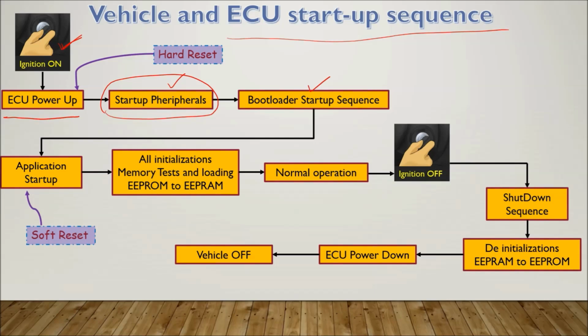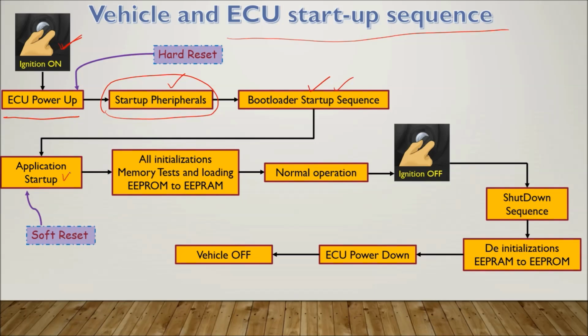So here all the initial checks of the bootloader, whether a valid application is available or not, whether the initial memory checks are proper or not, whatever checks it has to do, will be happening. Once the bootloader sees that there is a valid application, then the controller moves from the bootloader to the application part in the software.